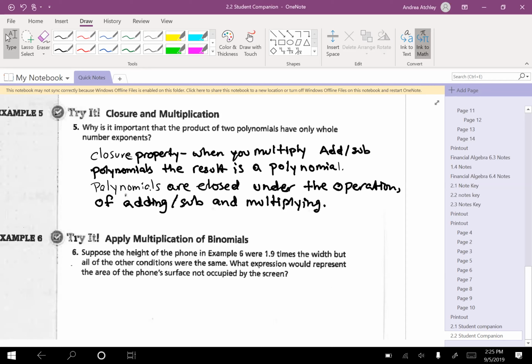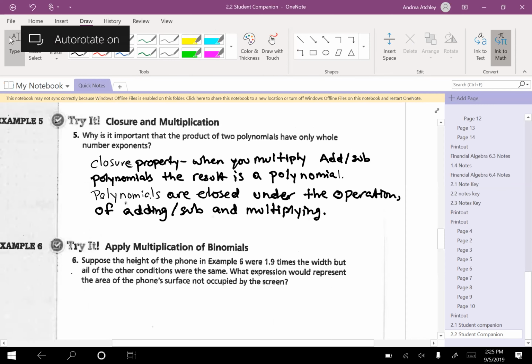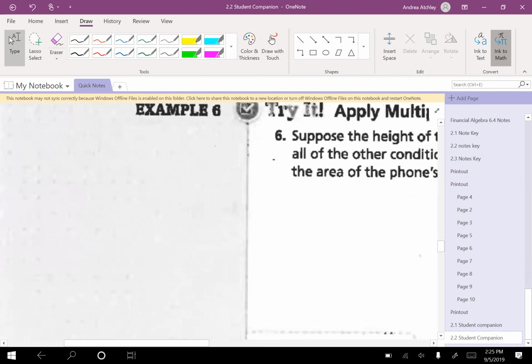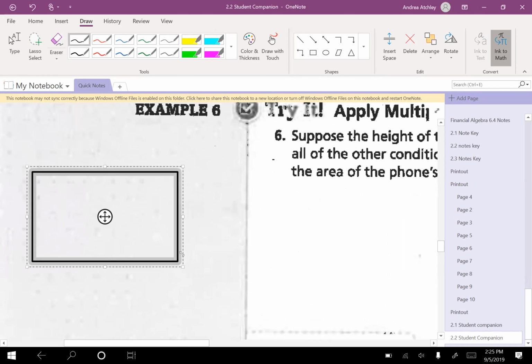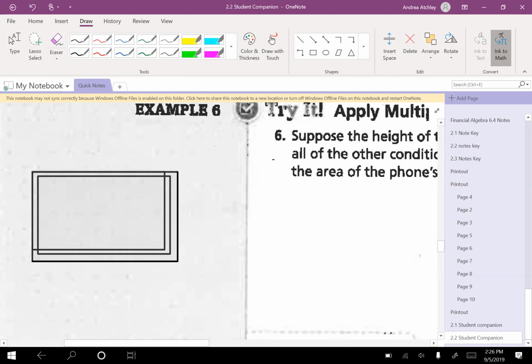So I'm going to draw a picture of our phones. You can use my phone as reference because you've seen a phone in your lifetime. We're going to have my phone be very square. Okay, so there's my phone.